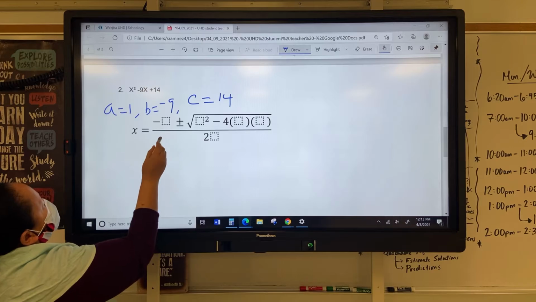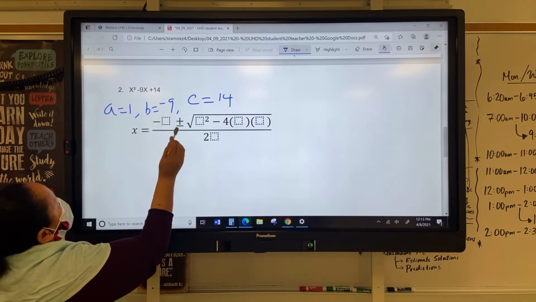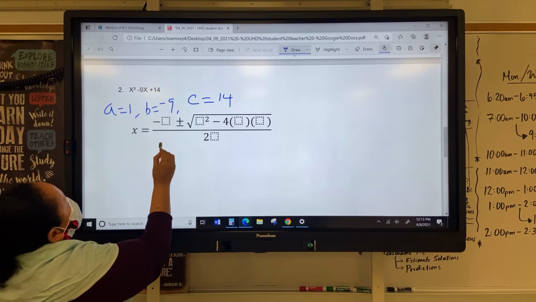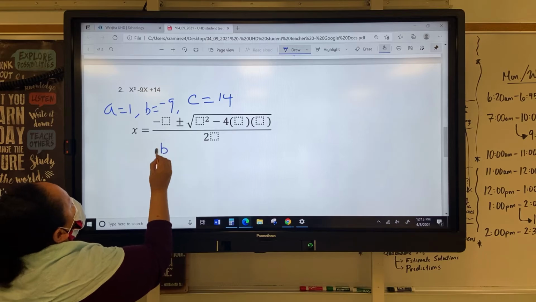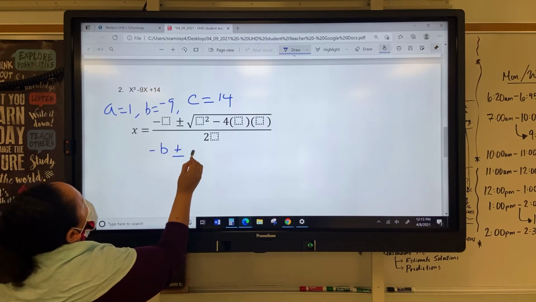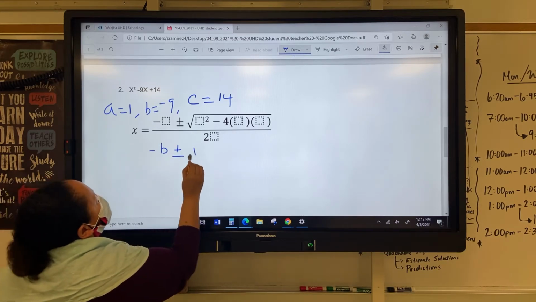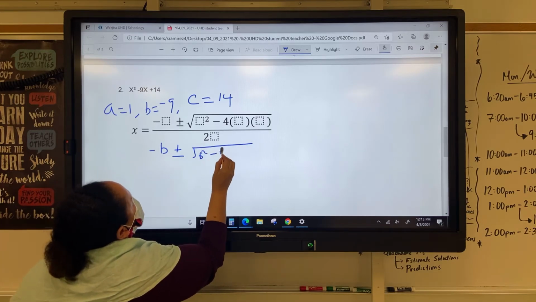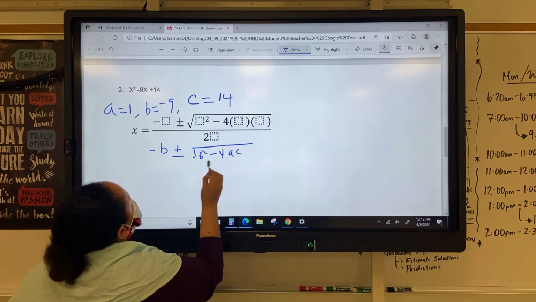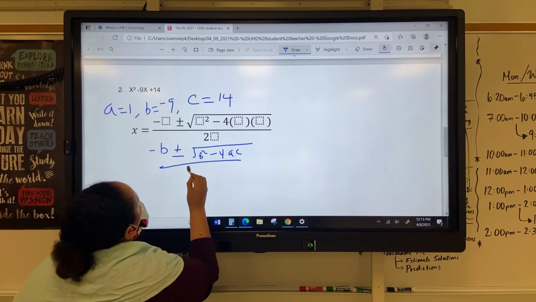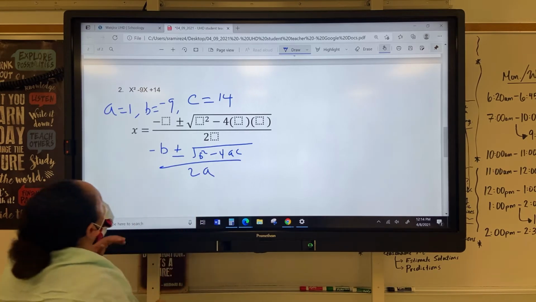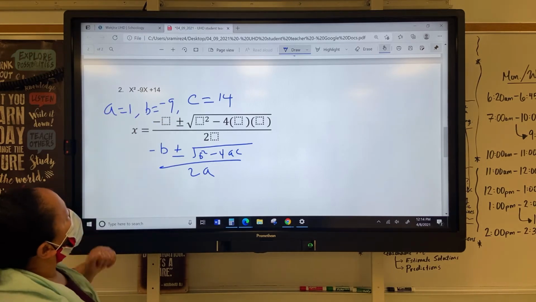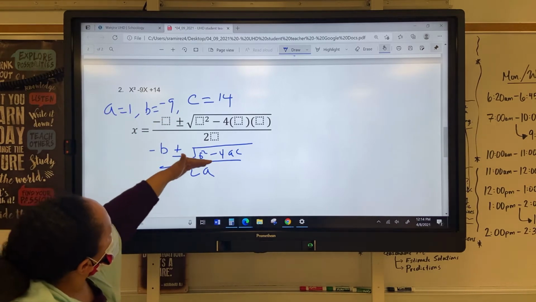To refresh you, the formula is minus b plus or minus the square root of b squared minus 4ac over 2a.